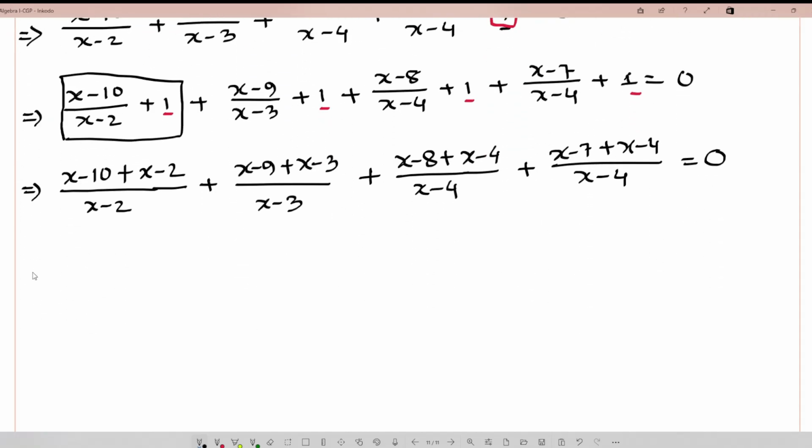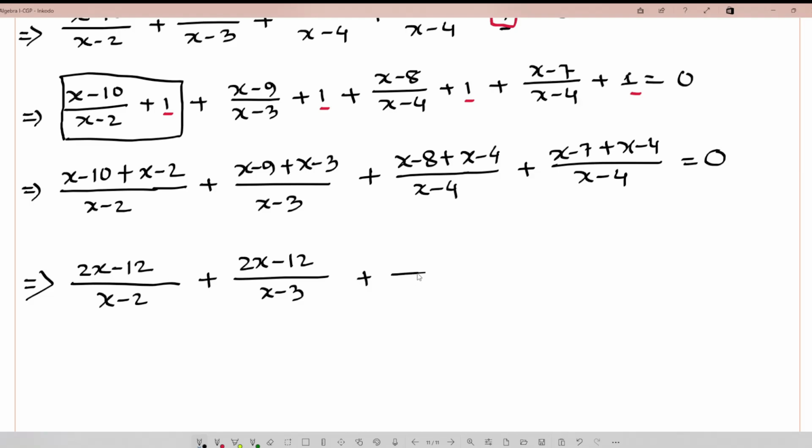Okay. Now look, in the denominator x−2, but in the numerator x plus x becomes 2x, −10 −2 becomes −12. Then x−3, so this one also becomes 2x−12, plus x−4 and this one also 2x−12, similar.